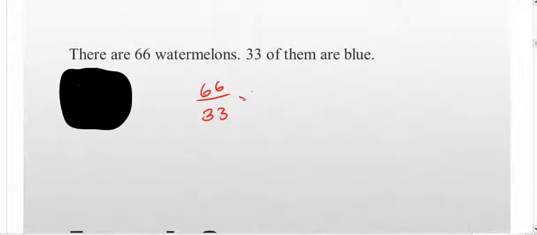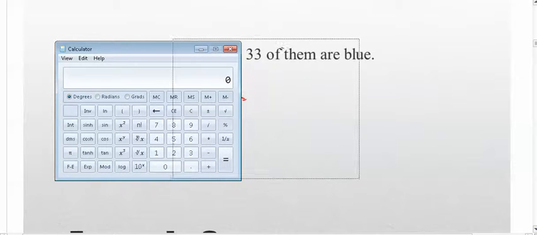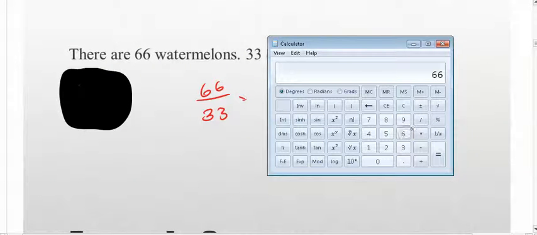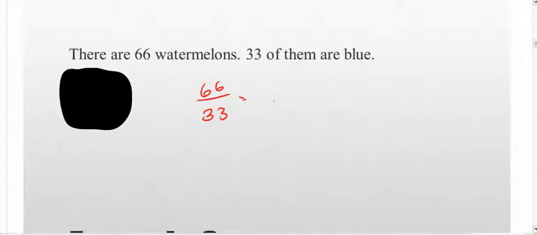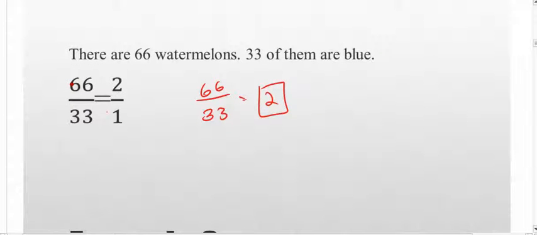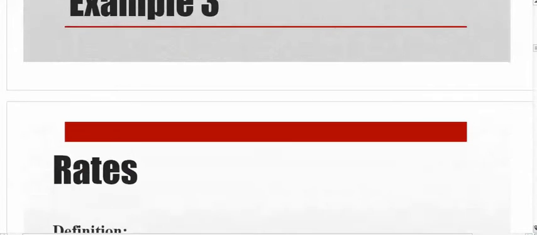You just divide normally. You can use your calculator if you don't understand this. So 2 would be the answer, and if you want, you can put it over 1. Just remember to box your answer afterwards.